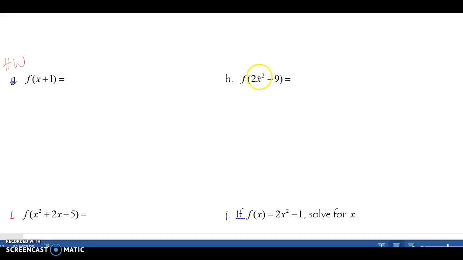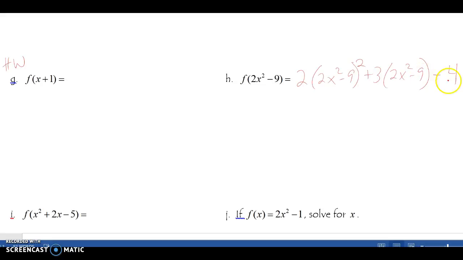So we're going to replace every x with a quantity 2x squared minus 9. So there's our first step, just rewriting that original function, replacing each x with that quantity 2x squared minus 9.